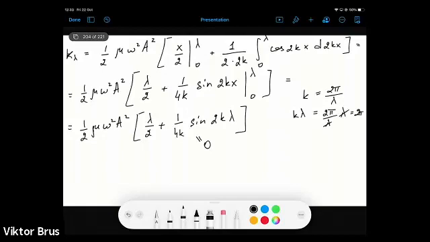So eventually we will get that the kinetic energy of a wave at the distance of 1 wavelength will be equal to 1 fourth mu times omega square times a square times lambda.